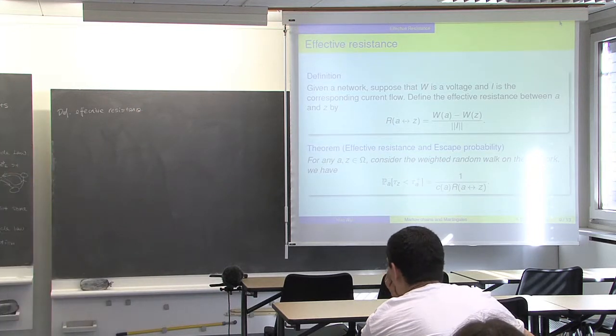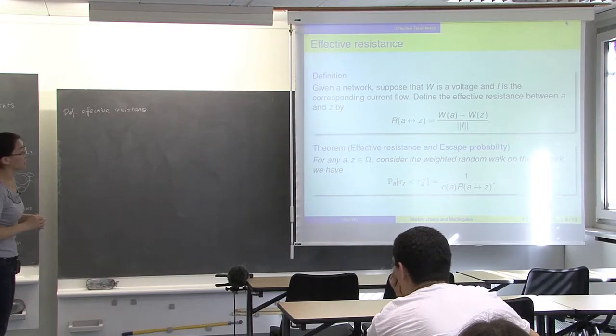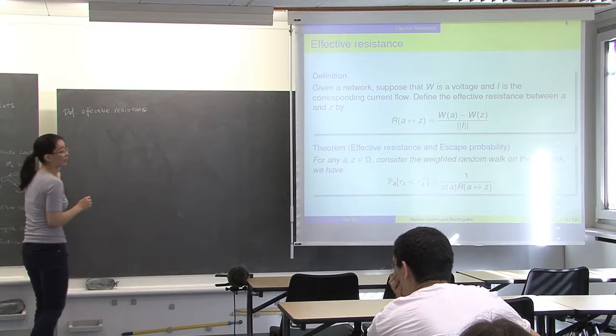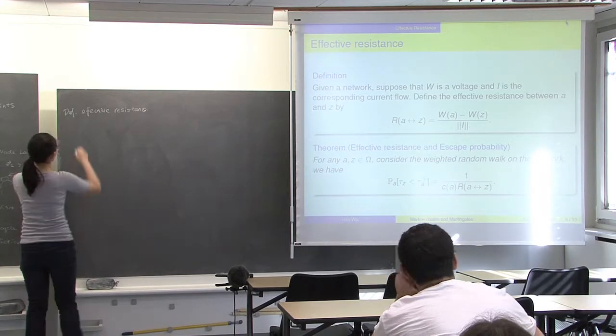So effective resistance for a network, and we fix the source and the sink. The effective resistance between A and Z is defined in the following way.